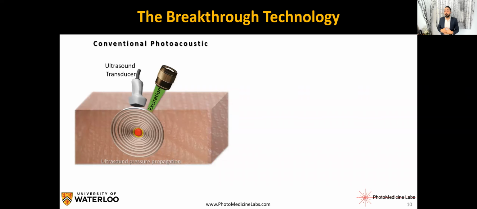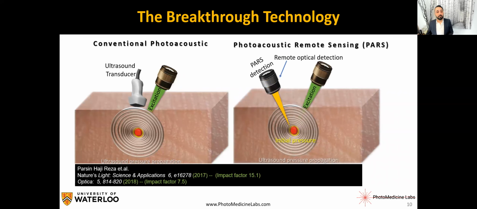Of course, we can be sensitive to propagation and many other physics. In this talk, I'm going to make it as simple as possible. So the idea is now we want to replace this ultrasound transducer with another laser. Now we call this a detection laser. And this laser is co-focused and co-scanned with our excitation laser, in which we only want to detect the initial pressure. So this is a new physics.